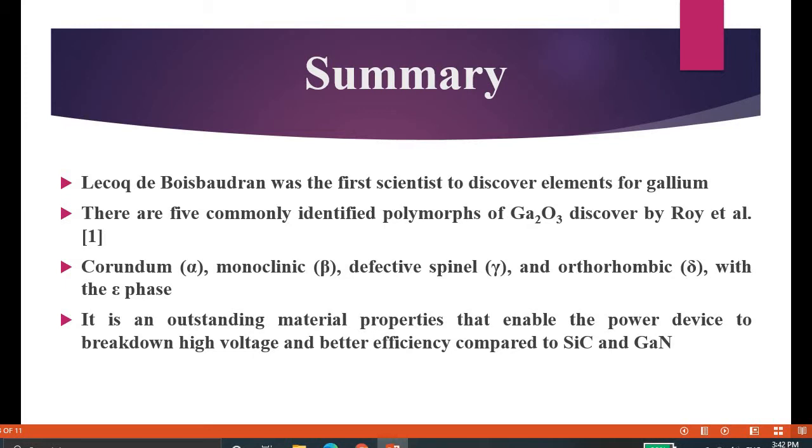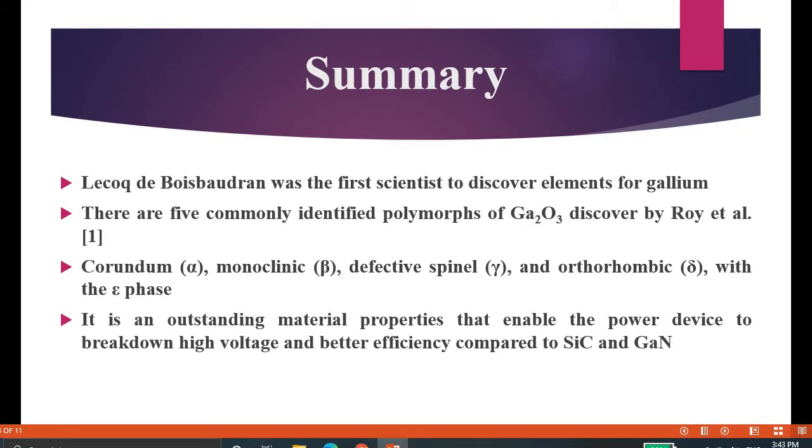Therefore, it has drawn a lot of attention from all over the world. Researchers have mainly started to focus on this field because they have seen the potential of gallium oxide to be developed and applied in real-life applications.